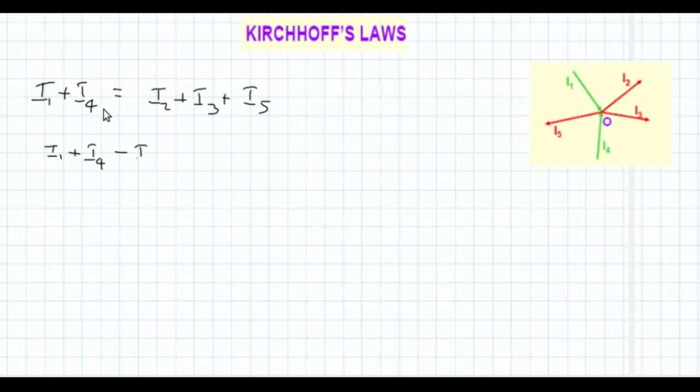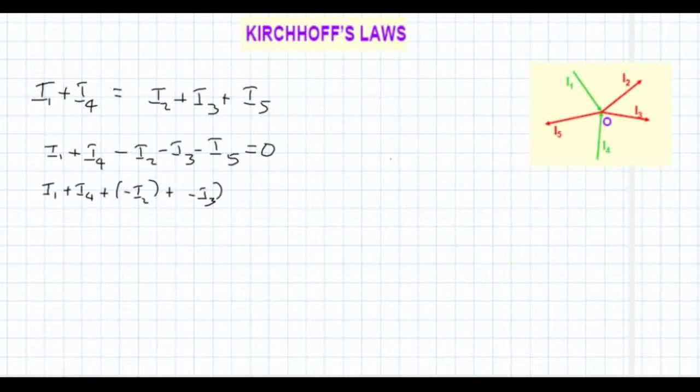Therefore I1 plus I4 is equal to I2 plus I3 plus I5, or I1 plus I4 minus I2 minus I3 minus I5 is equal to 0. So this way we can rewrite the previous equation. Now again, I1 plus I4 plus minus I2 plus minus I3 plus minus I5 is equal to 0.